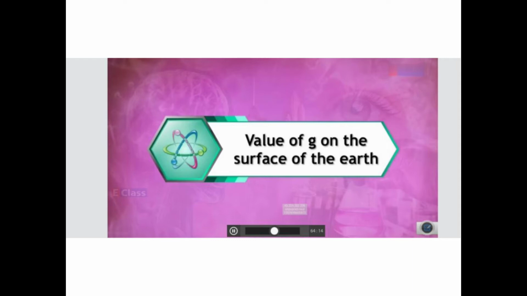So we can calculate the value of g by using the universal law of gravitation for an object of mass m situated at a distance of r from the center of the earth. So let us do that.